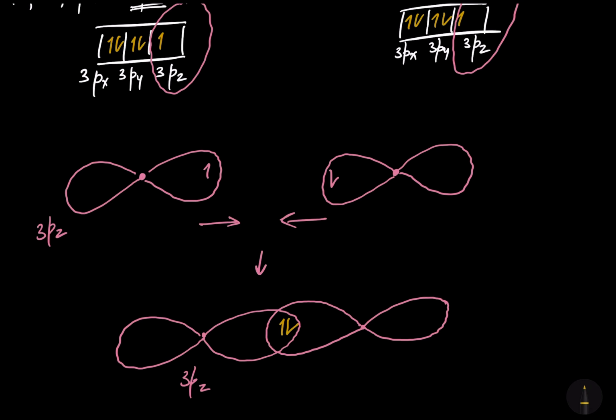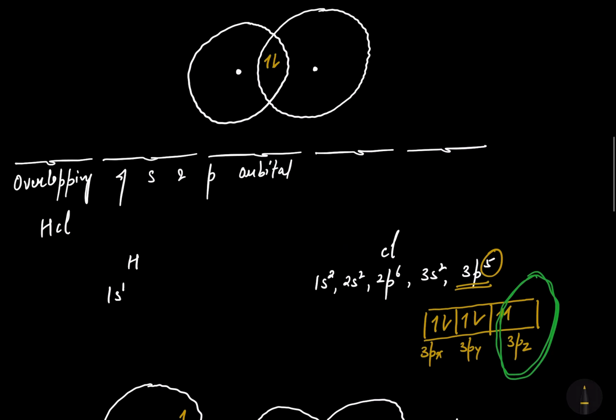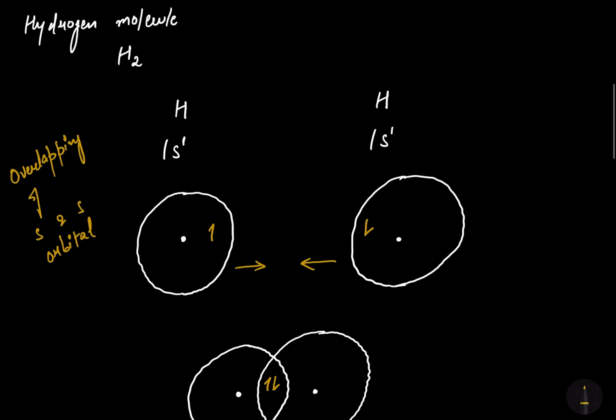So I hope you all understood today's lecture, but one point I'm repeating again so that you can have clarity: atomic orbitals will overlap only when both are having 1 electron each but with opposite spin. Only then it will take place. So here we have done 3 examples. The example of hydrogen molecule, in which the overlapping of s and s orbitals has taken place.